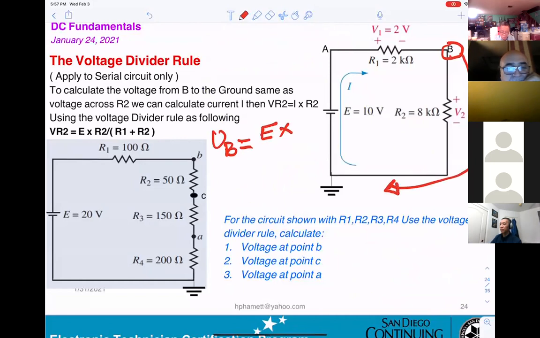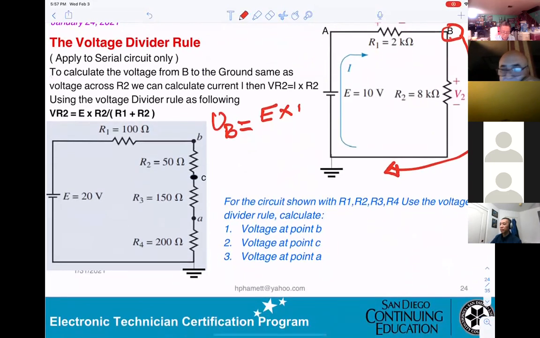That means R2. And you divide by total R1 plus R2. That one formula, and you can get the same answer without calculating the total resistance and calculating the current.